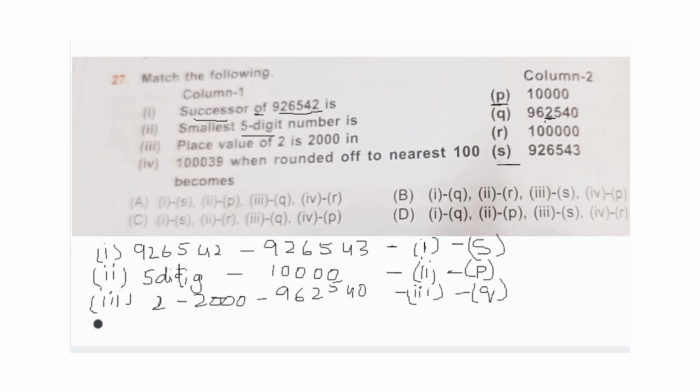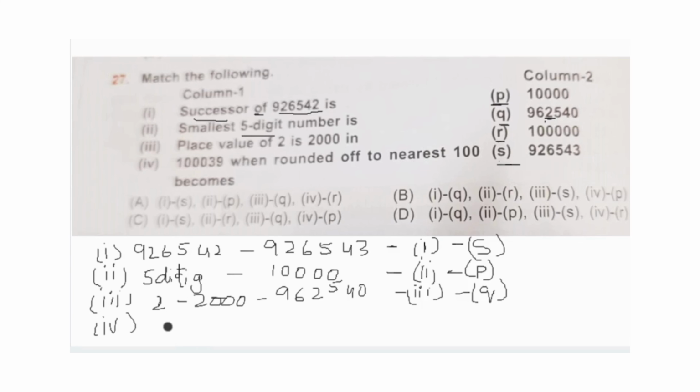Now let's go to the fourth option. In the fourth option, if you see, it's 100,039, or when rounded off to nearest 100, right? If you see the nearest 100 of this number, or even the option that is left out, which is R, is 1 lakh.